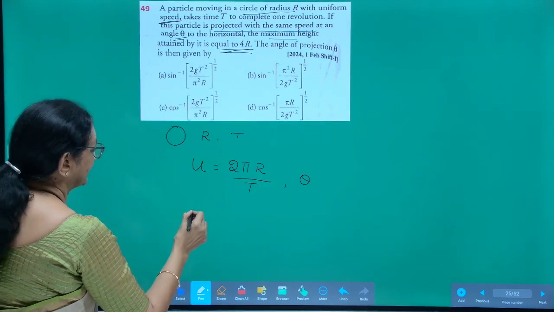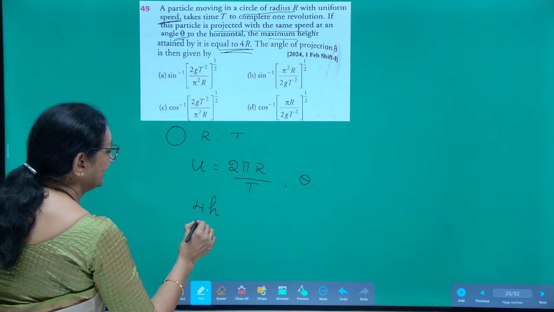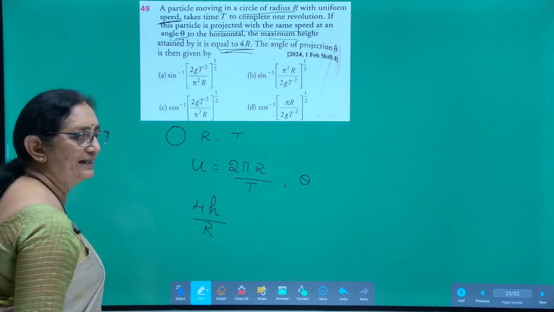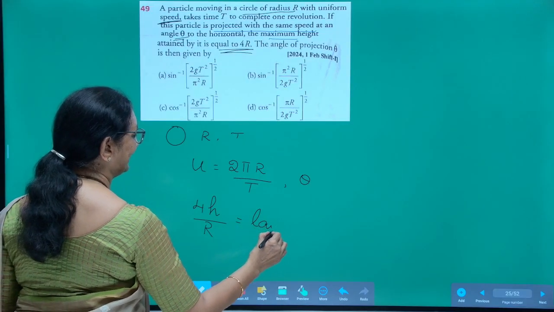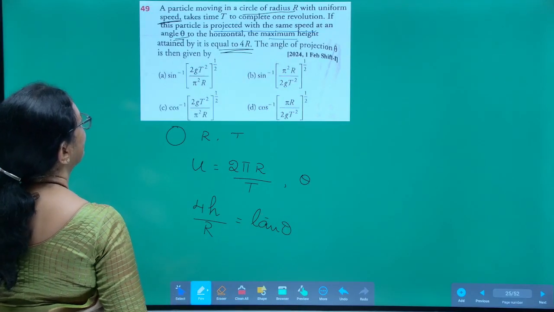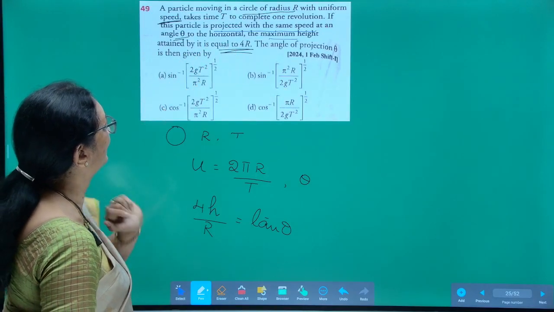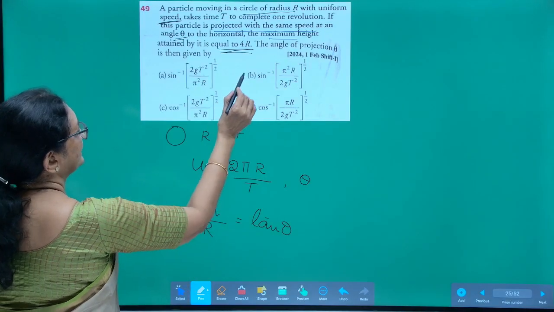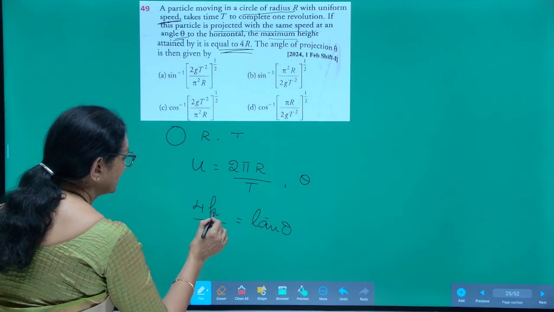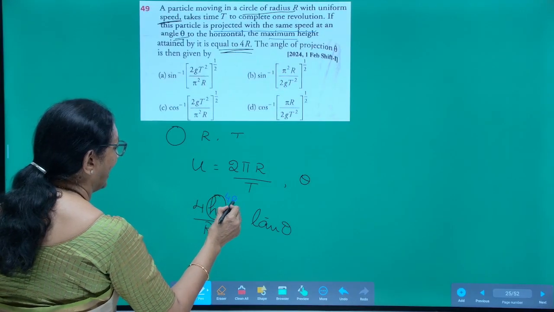Angle of projection, we know the relation between height and range of a projectile is 4h by r is equal to tan theta. In this, maximum height attained by it is equal to 4r. See, what is asked? Angle of projection. So, in place of h, substitute 4r.